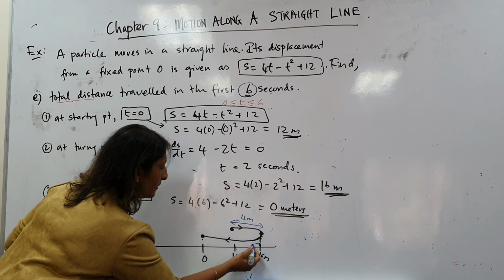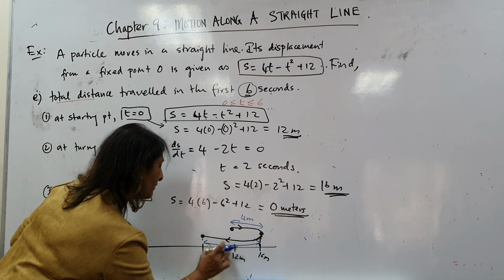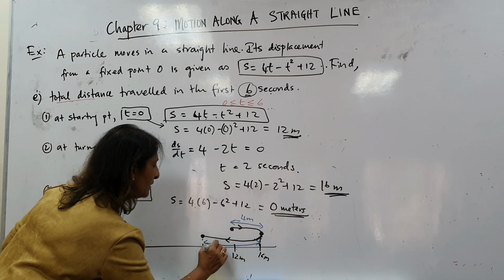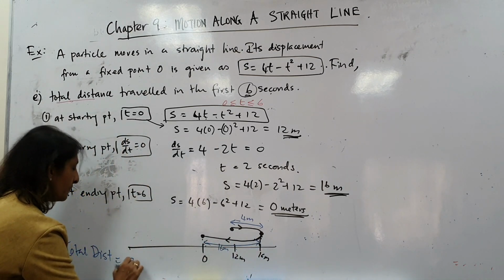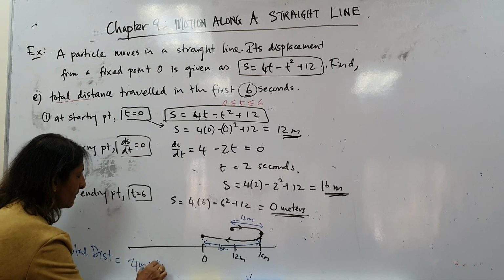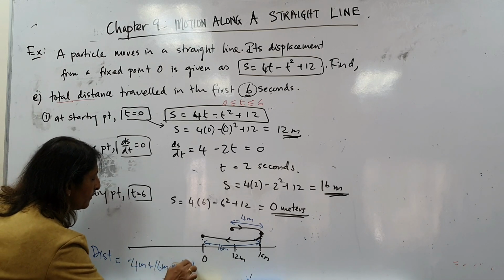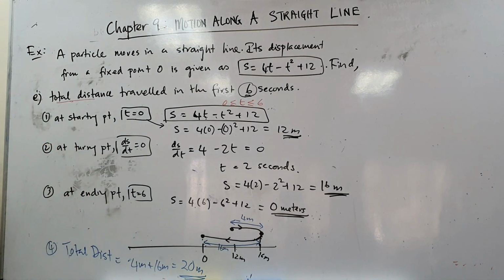And from here right up to here is 16 meters, from 0 to 16. So total is 4 plus 16 equals 20 meters. So that's how you do this question.